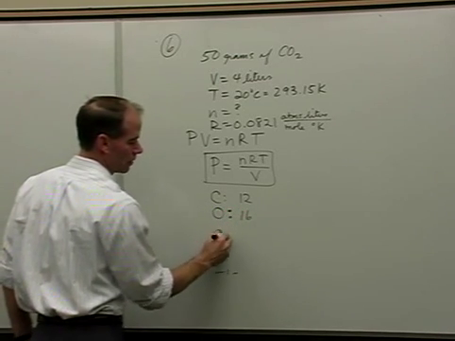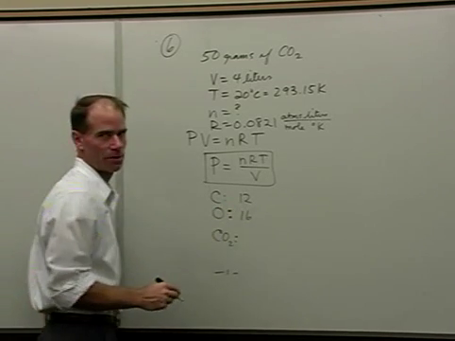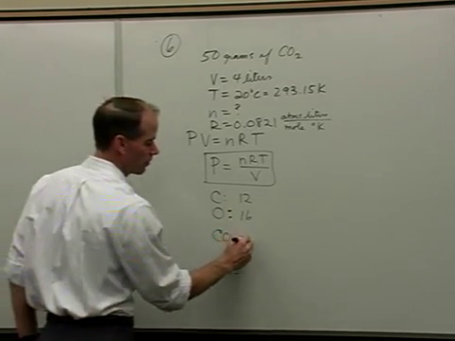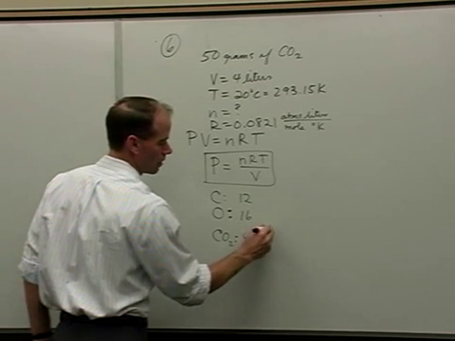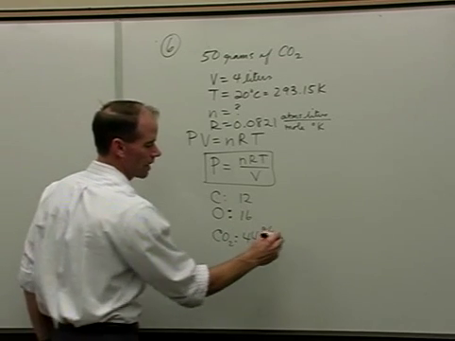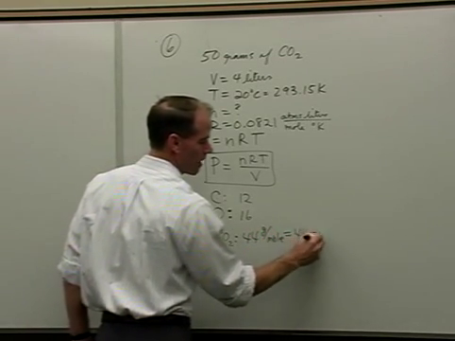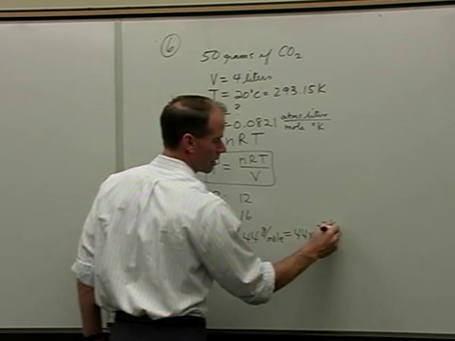So for CO2, that would be two oxygens plus a carbon, which would be 32 plus 12 is 44 grams per mole, which is the same as 44 times 10 to the minus 3 kilograms per mole.